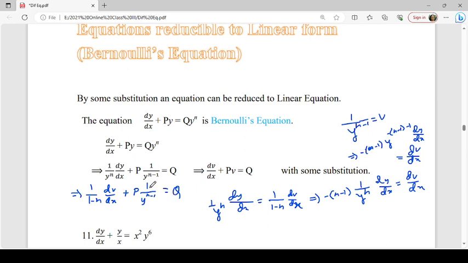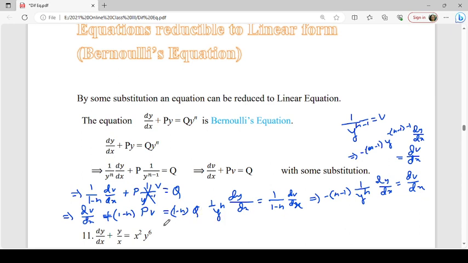This is v, so it is pv. So you can write dv dx plus 1 minus n into p v is equal to 1 minus n into q.